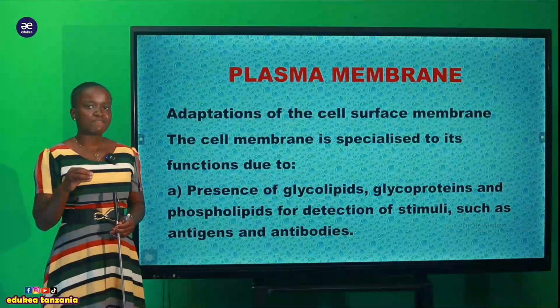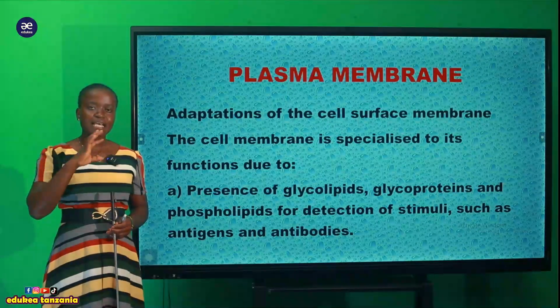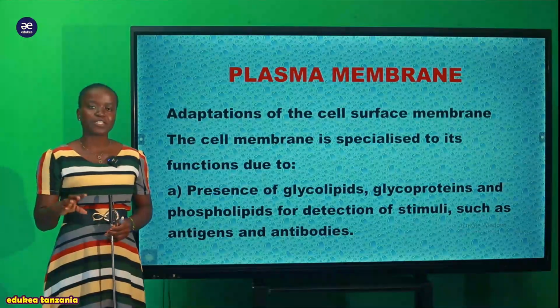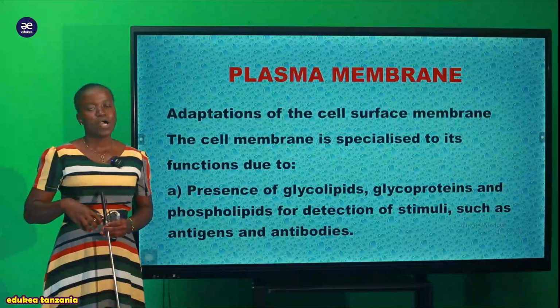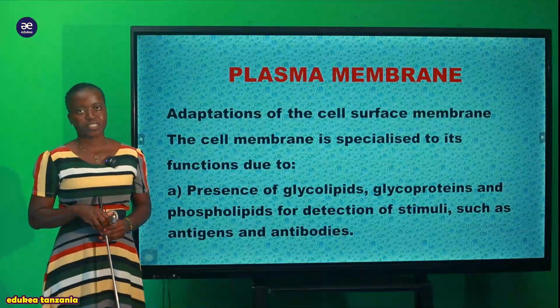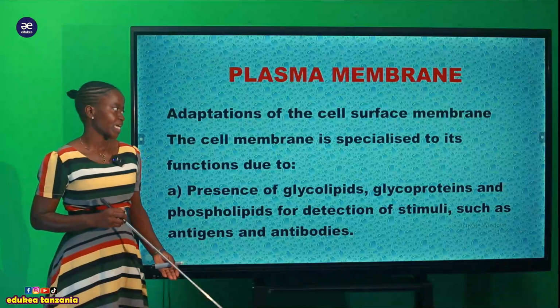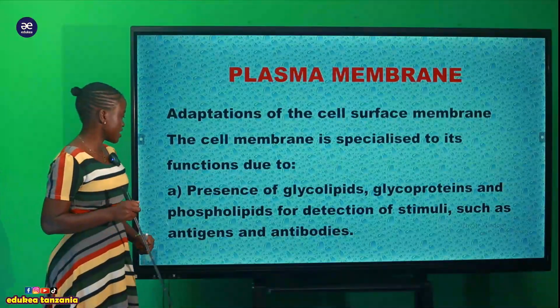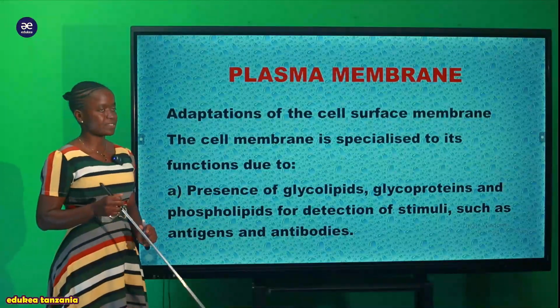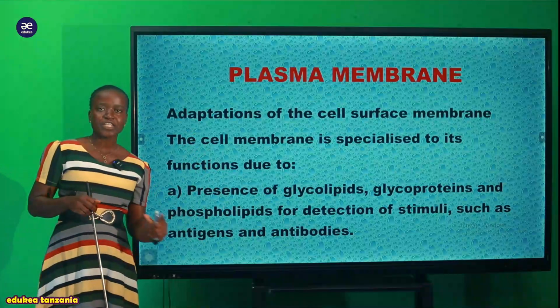Within the cell surface membrane, there is a lot of material found within it, a lot of structures. One of them, we have seen, is glycolipid, there are glycoproteins, and there are phospholipids.